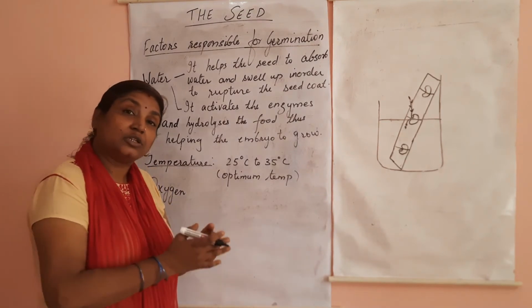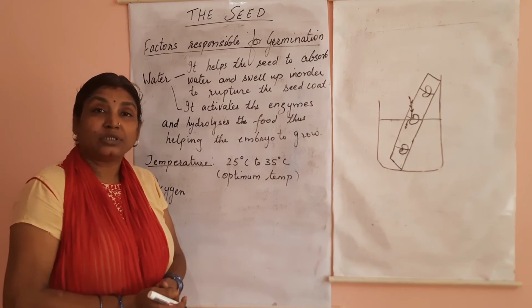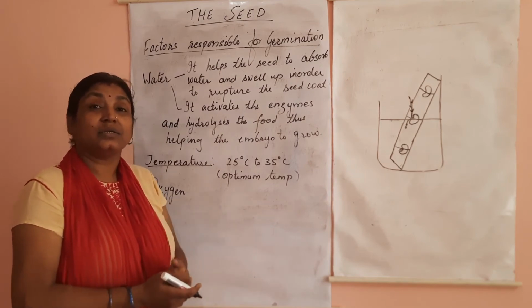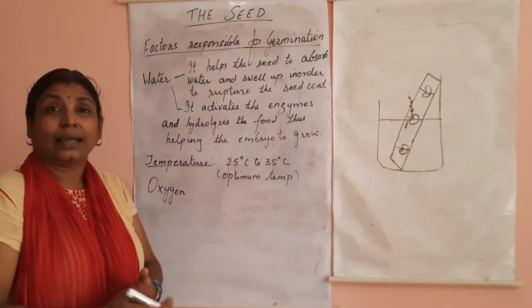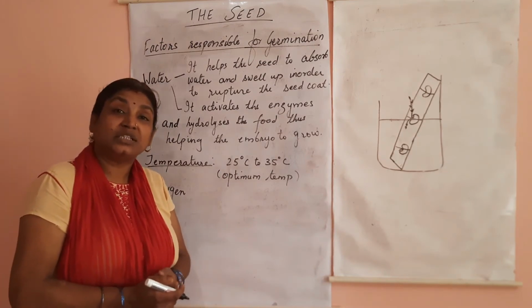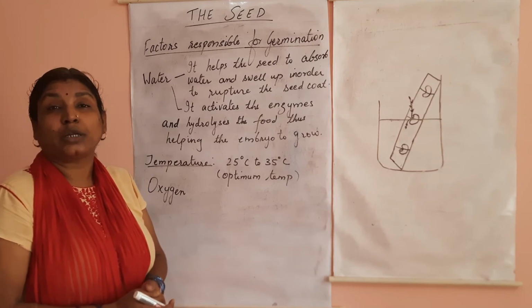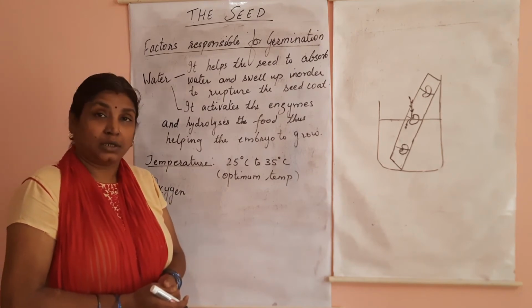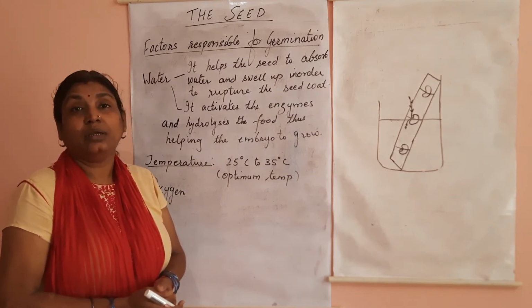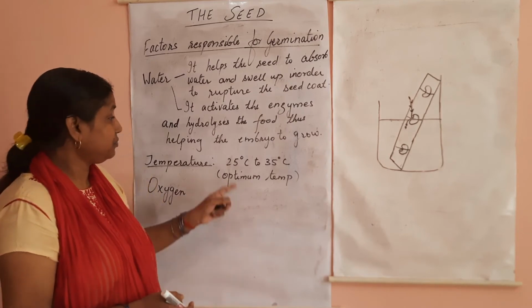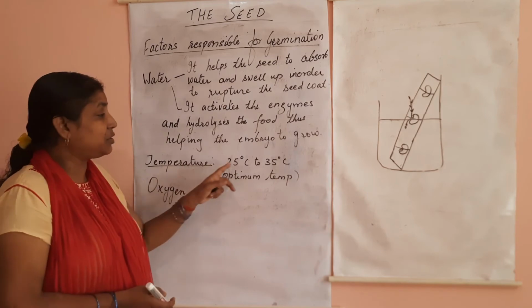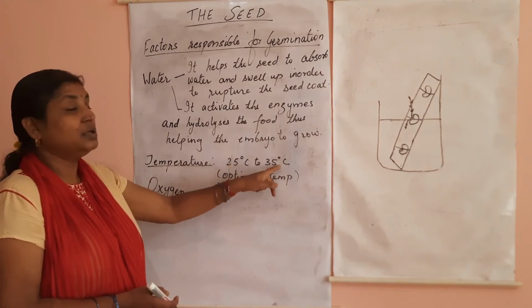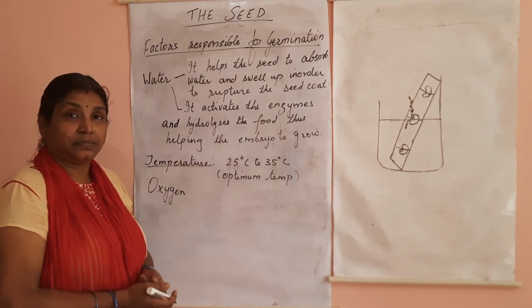And if the temperature is too low, the vital activities slow down considerably, which is not at all good for the plant's health. As a result, the plant may die out. So most plants require a suitable temperature, which is between 25 degrees centigrade and 35 degrees centigrade.